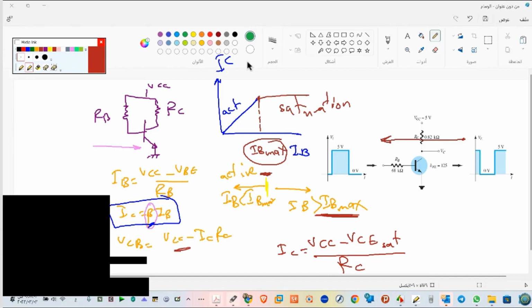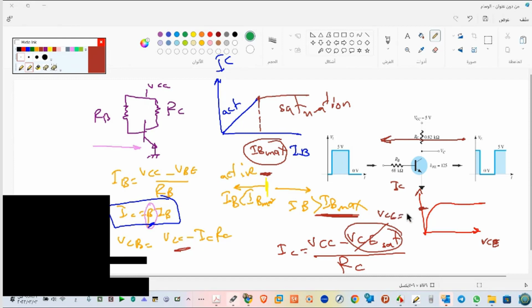VCE saturation, if you return back to this graph, where's this graph? I will draw again here. Saturation here, this point. Again, don't forget this is IC with VCE saturation. VCE saturation is very small, so I can cancel it. I can say VCE saturation is almost zero.